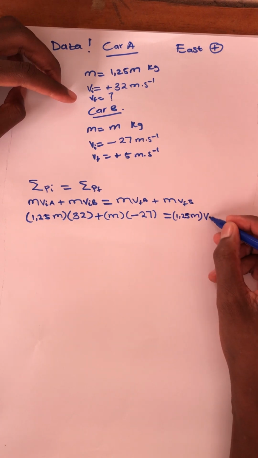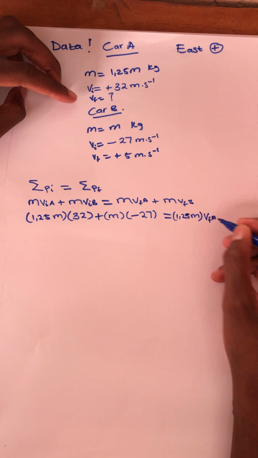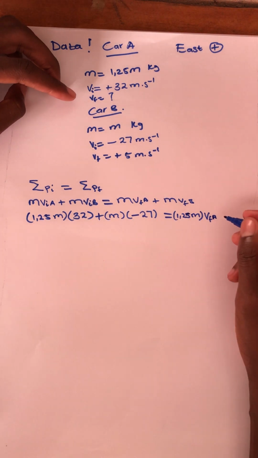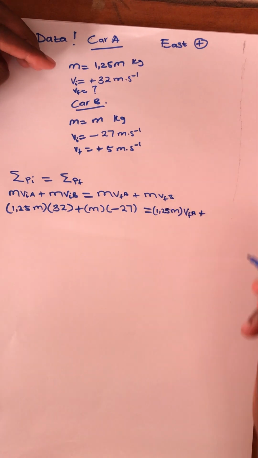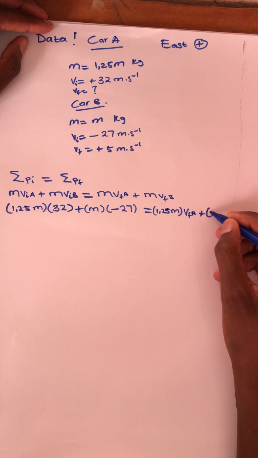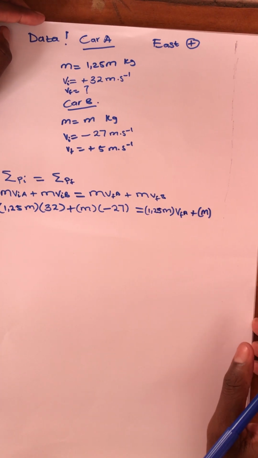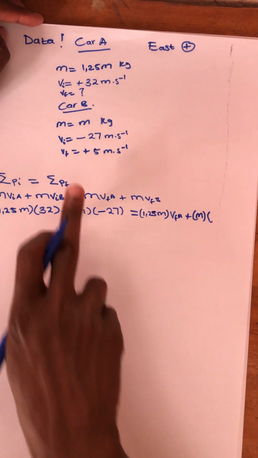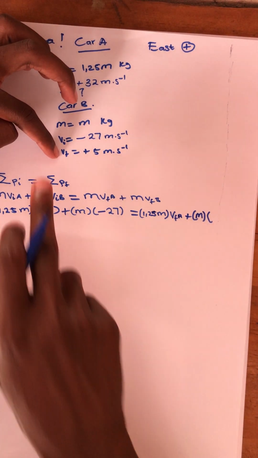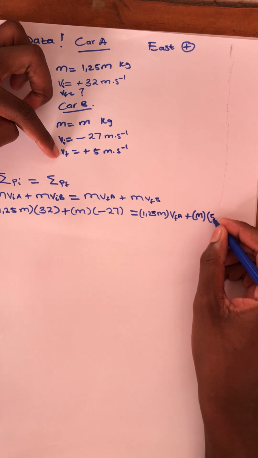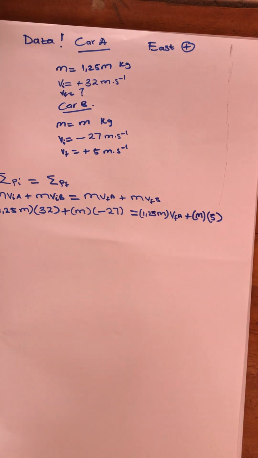What about the velocity? We don't know the velocity, we're looking for it. What about car B? The mass is m. For velocity, they said it moved east at 5 meters per second.